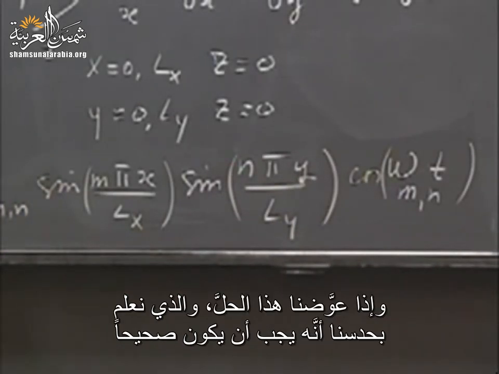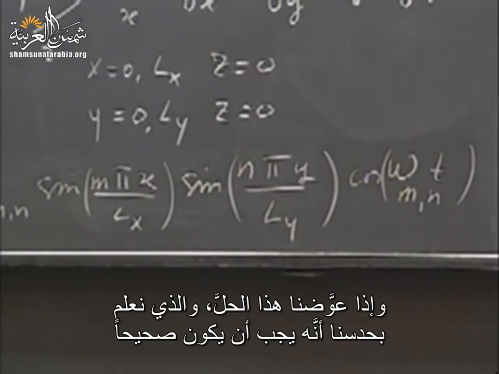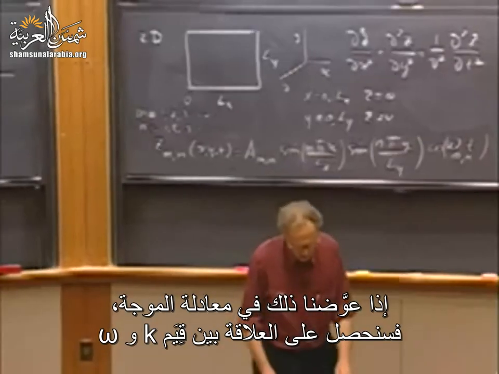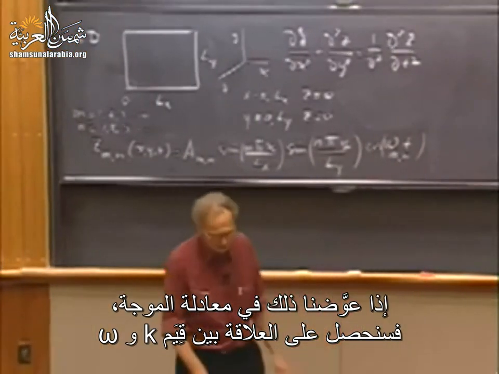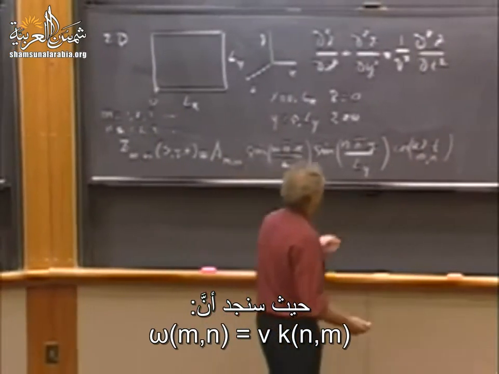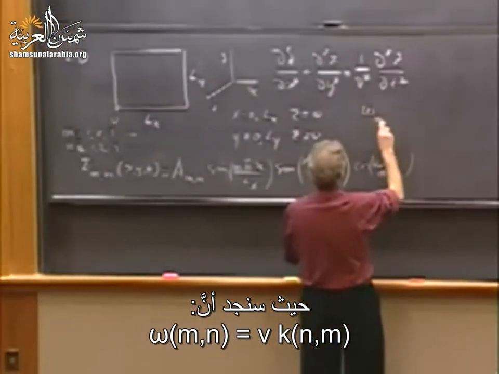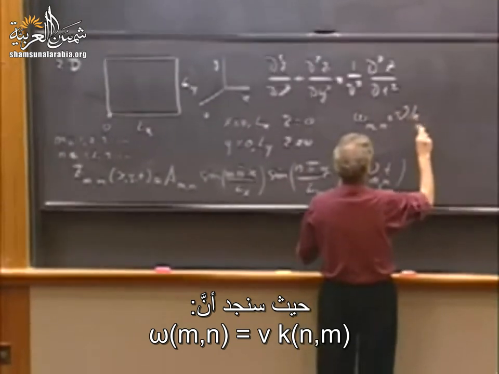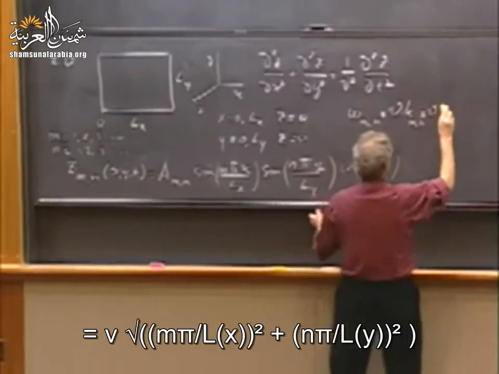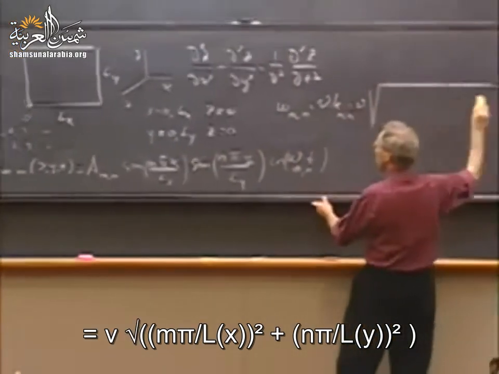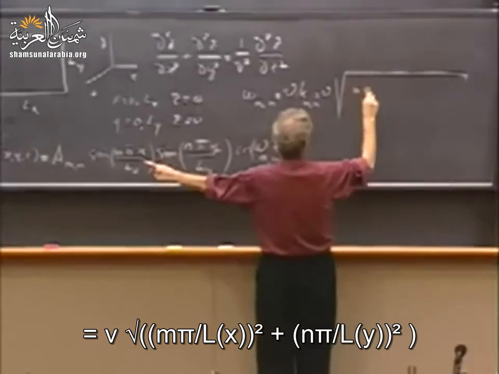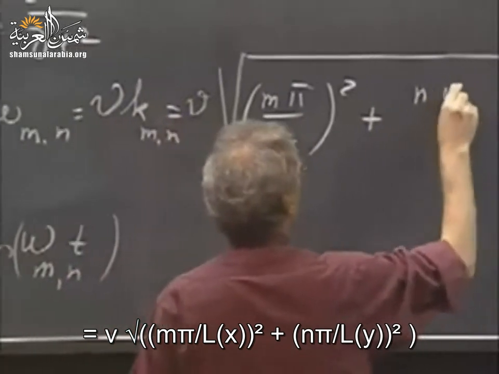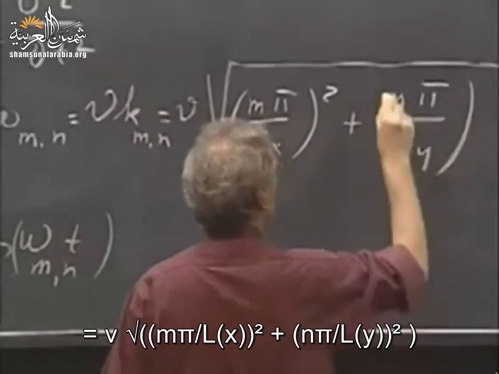And if you substitute this solution, of which we clearly, intuitively know it has to be correct, in that wave equation, then you get the connection between the k values and omega, and then you will find that omega mn, which is always the velocity times k value of m, becomes now v times the square root of Mary pi divided by Lx squared plus Nancy pi divided by Ly squared.